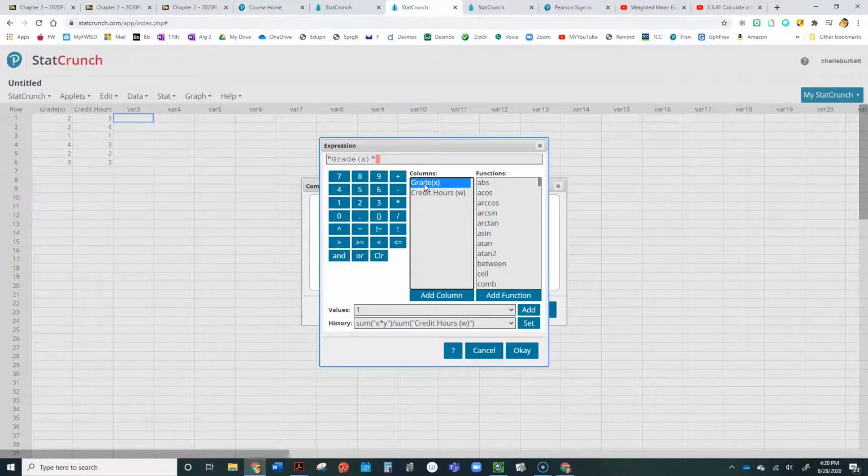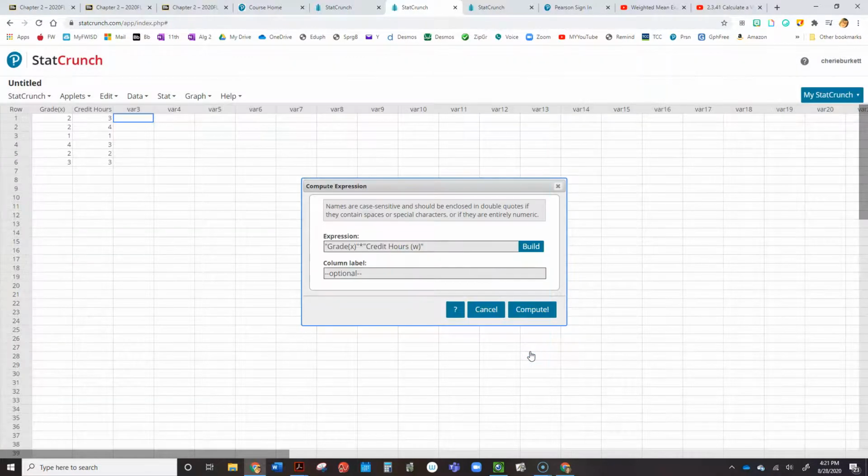I double-clicked to make that pop up there. And then I hit the times button, and I'm going to multiply it times the weight. I double-clicked right there as well. On your computer, if you're using a Mac or something, you may not have to double-click. But mine's a PC, and I do have to double-click. So I did grade times credit hour. And I'm going to press OK.